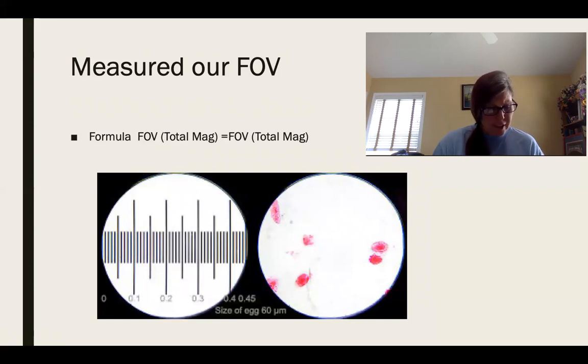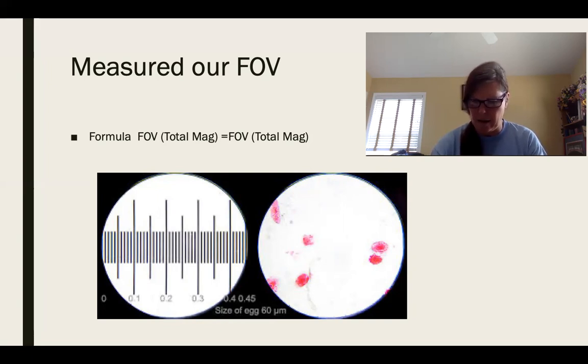So you can see on page 19, we have a table. With that table, the first thing you're going to fill in is the low power. That's the 10x objective. And we would have actually physically measured that. And when we measured that, we would have measured it at 1.8 millimeters.